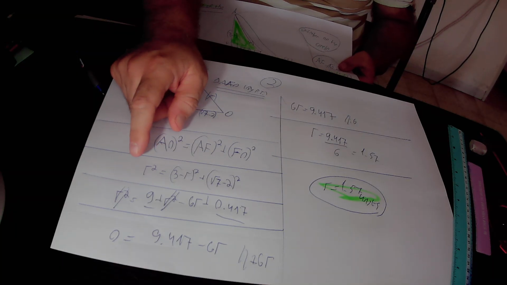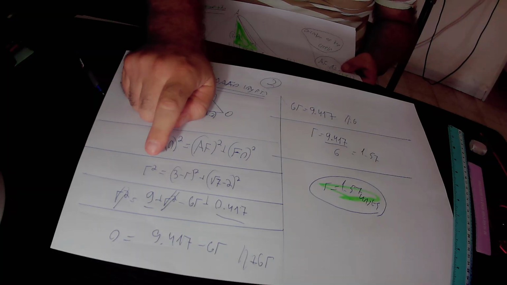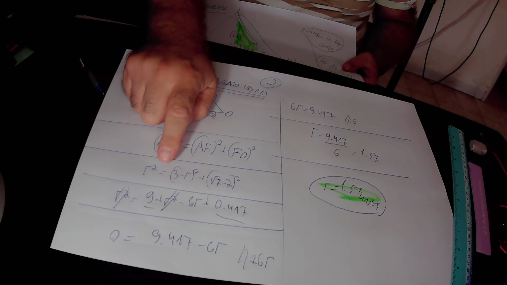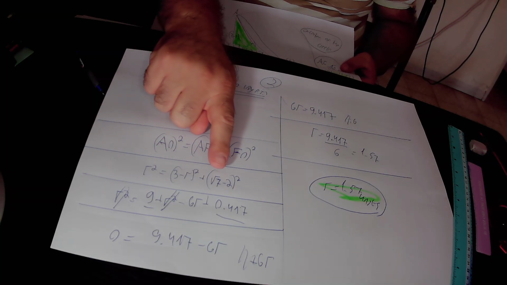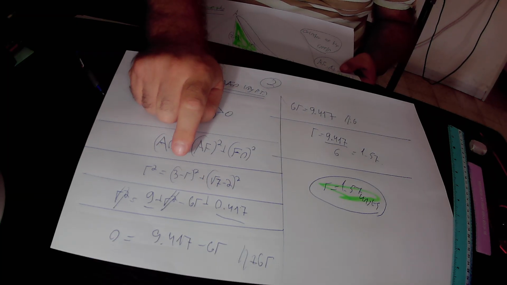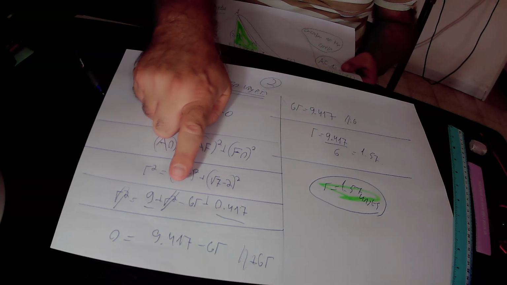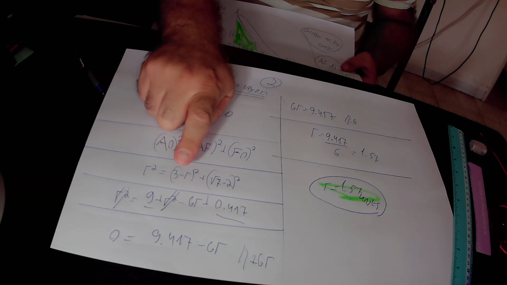After we cancel R squared on this side of the equation, we are left with 0, while on the other side of this equation, we have 9 plus 0.417, which is 9.417, minus 6R. So in total, we find that 0 equals 9.417 minus 6R.